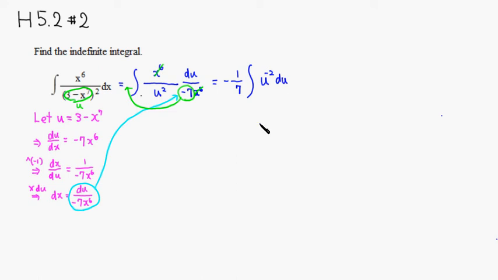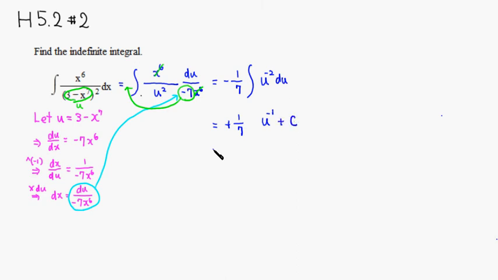By using the power rule, we can find the antiderivative. The antiderivative means adding 1 to the power, so negative 2 plus 1 is negative 1. Dividing by negative 1 is the same thing as multiplying by negative, so it's going to be plus 1 over 7 u to the negative 1, plus some constant c.